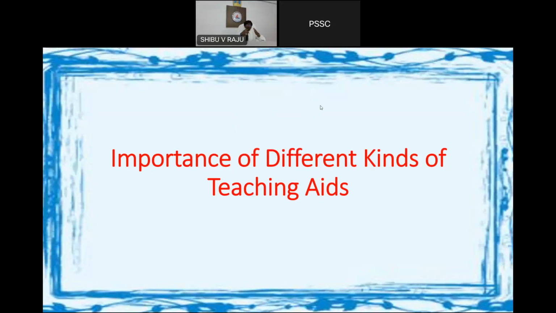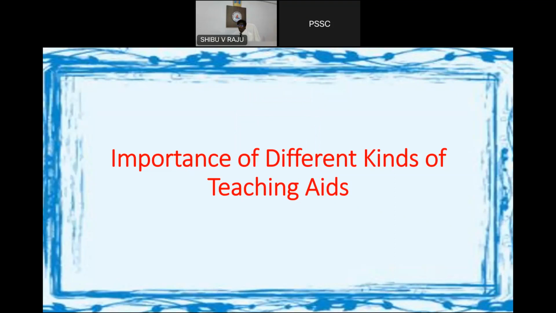And there are 3-4 stages of a class also. Suppose we are planning a period; it should have different kinds of stages. One is revision, then we come to the topic, then again revision of the day. So these are 3 portions.